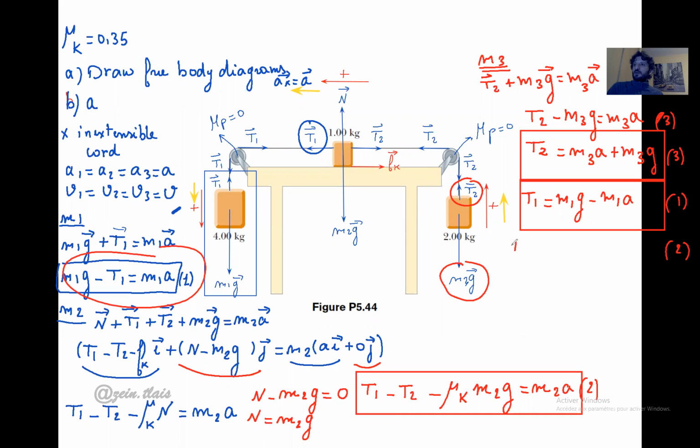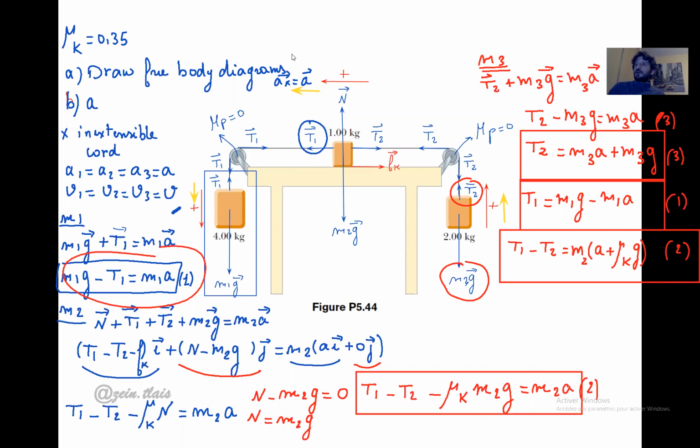And the second equation here, we have T1 minus T2 equals M2A plus mu k times G. Okay, T1 minus T2 equals M2A plus mu k times G. Okay, these are three equations.